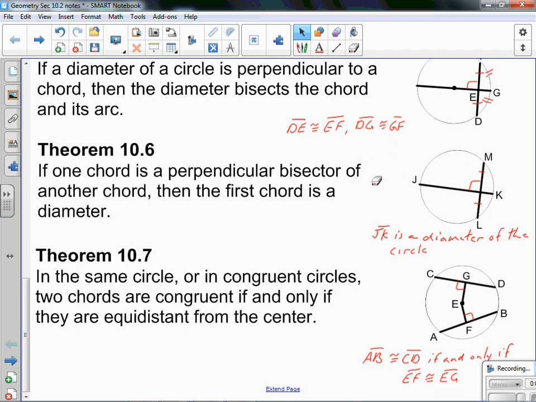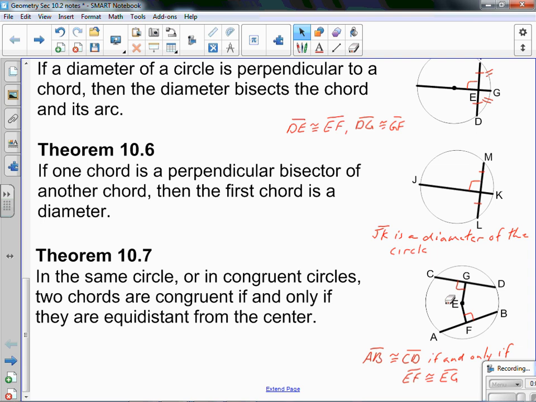And then theorem 10.7: in the same circle or in congruent circles, two chords are congruent if and only if they are equidistant from the center. So if I've got two chords that are congruent, then if I measure the distance from the center of the circle to the chords, those should be the same.